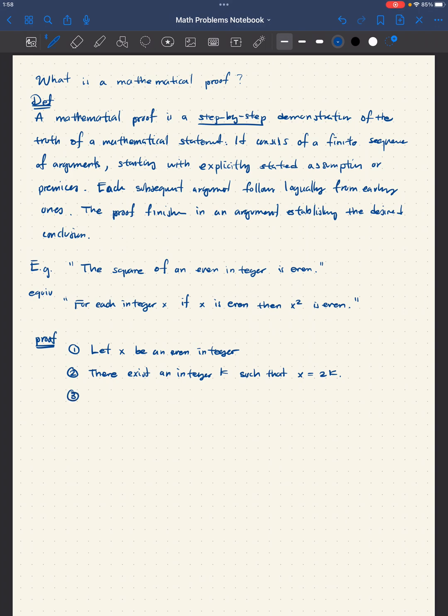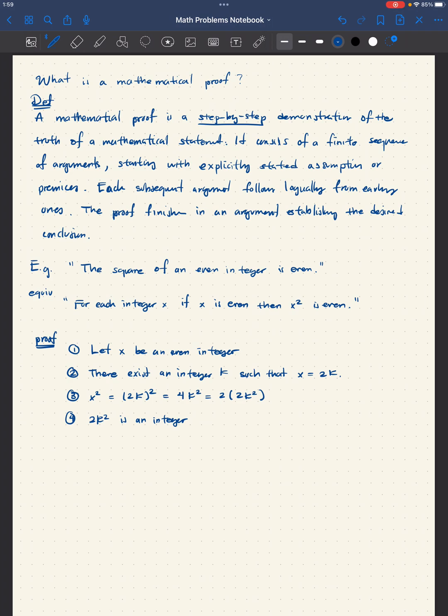Okay, so now, some principles we're going to bring here. x squared, well, by substitution, it's going to be (2k) squared, which in turn is 4k squared, which I can decompose as 2 times 2k squared. Well, I'm going to state something here. 2k squared is an integer, which means that there is an integer so that when I multiply it by 2, it gives me x squared.